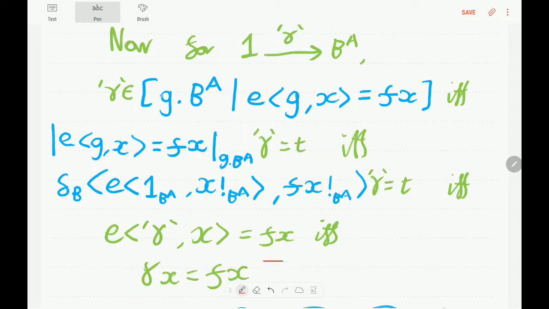So, I mean, this is really the punchline: this line holds if and only if e after the name of gamma, comma x, equals fx, because this line holds if and only if this after name of gamma equals this after name of gamma, okay, which gives us this line.